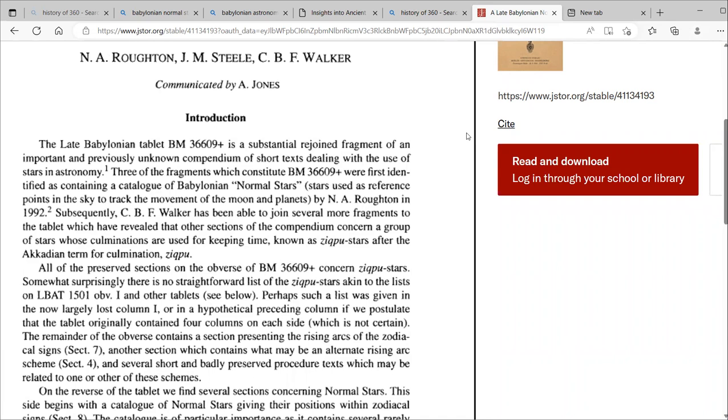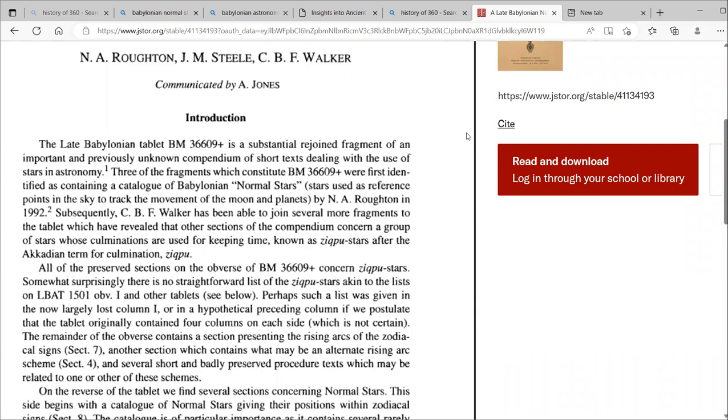Three of the fragments which constitute BM 36609 were first identified as containing a catalog of Babylonian normal stars, stars used as reference points in the sky to track the movement of the moon and planets, by N.A. Rockington in 1992.